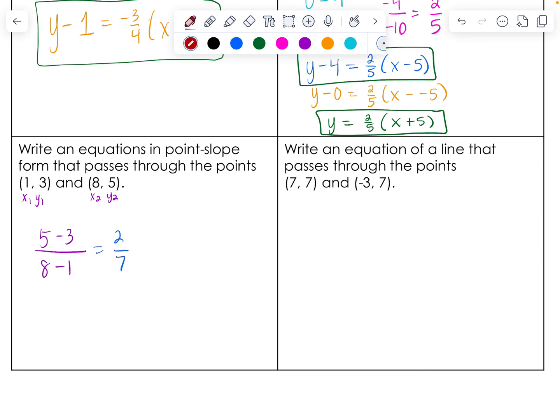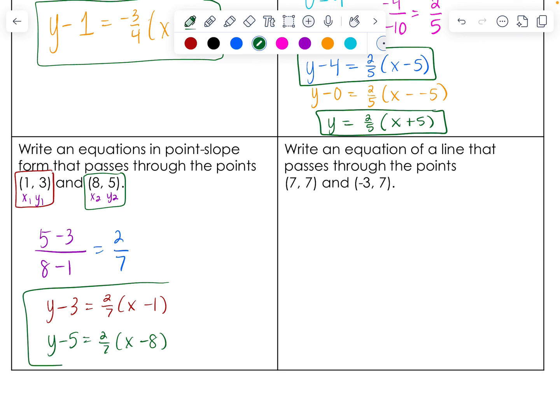And so I'm going to do each one for you. So I'm going to start with the first point, y minus 3 equals 2/7 times x minus 1. Or if we use the second point, it's going to be y minus 5 is equal to 2/7 times x minus 8. So either one of those would be acceptable responses.